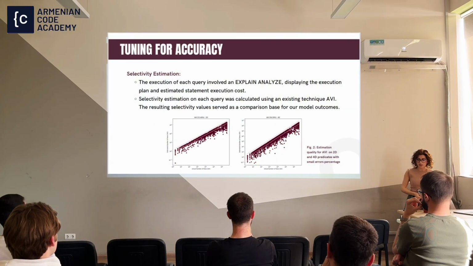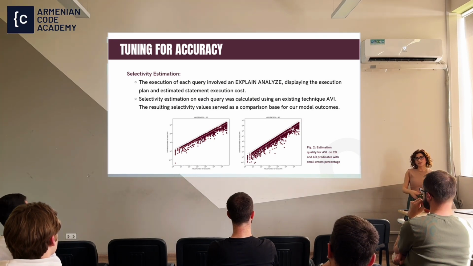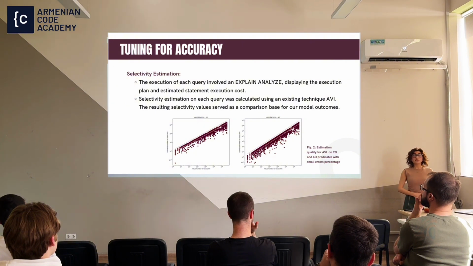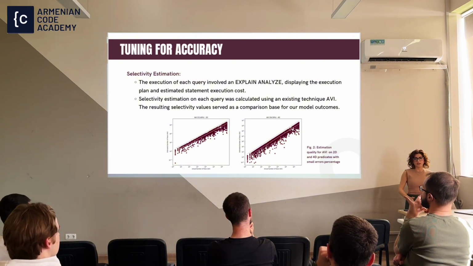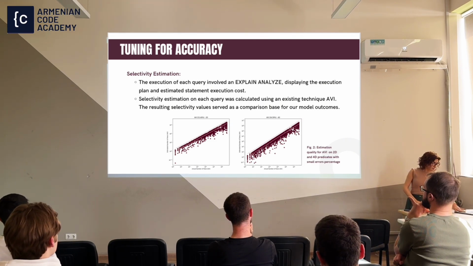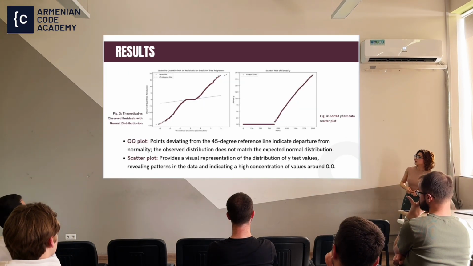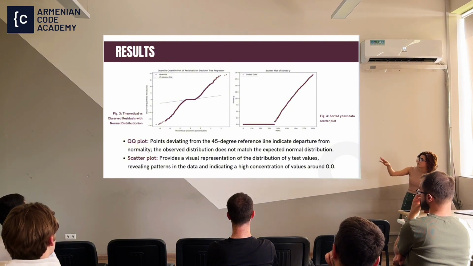We also included the existing technique, a known technique which is used by, let's say, all of the other techniques, and it is assuming that all of these variables, all of these values, are independent from each other. These two plots show us that the distribution is not uniform.